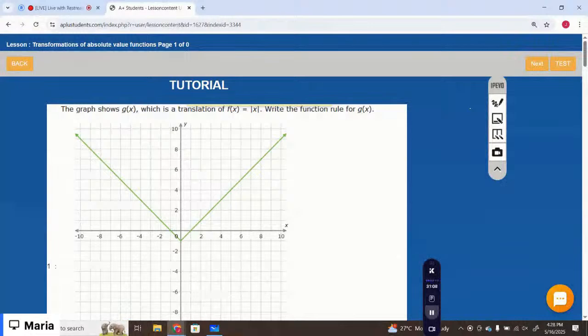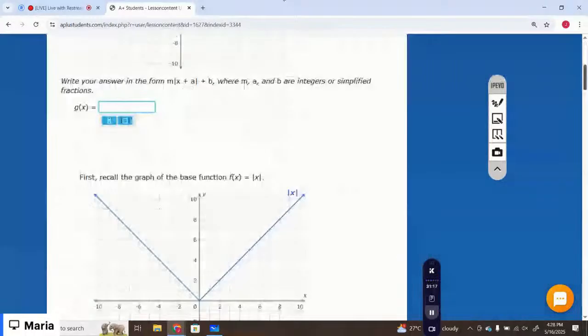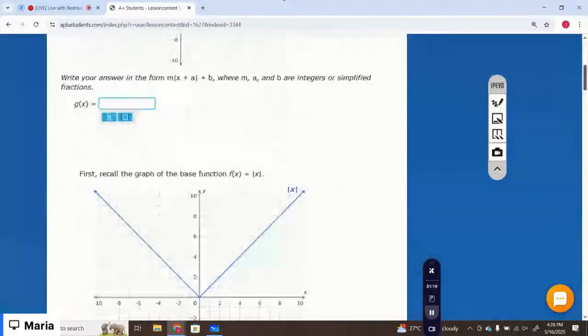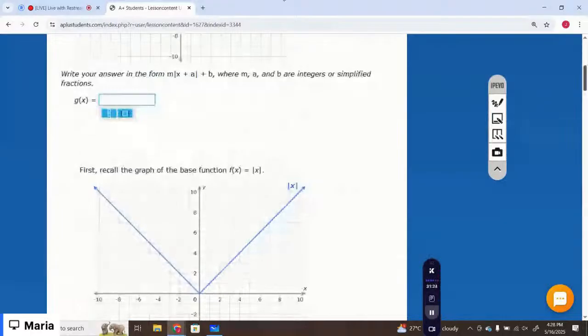The graph shows g of x, which is a translation of f of x equals the absolute value of x. Write the function rule for g of x. Write your answer in the form m times absolute value of x plus a, plus b, where m, a, and b are integers, simplified.